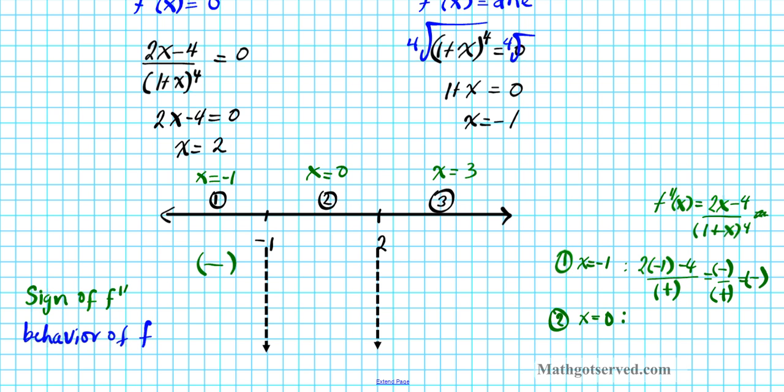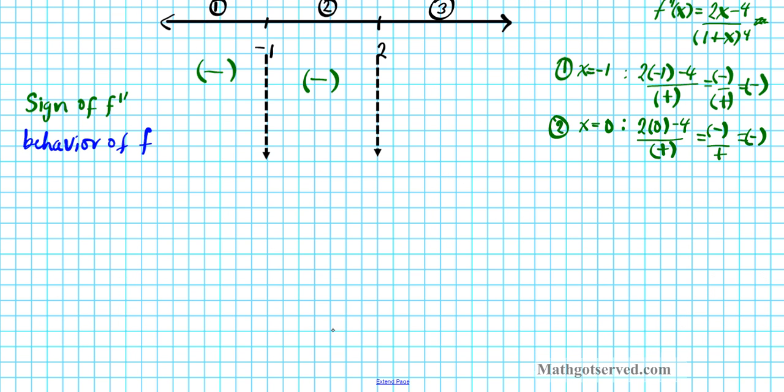All right, interval 2, x equals 0. We're going to have 2 times 0 minus 4 over a positive number. All right, that's going to give us a negative result divided by positive, which is negative again. So we have a negative sign on interval 2.